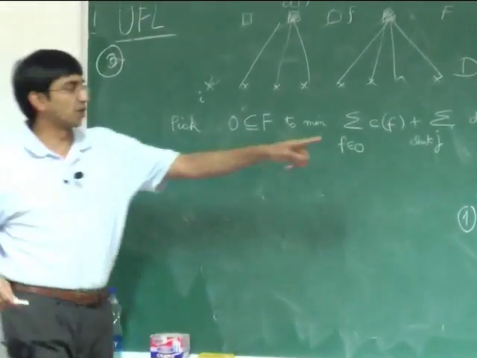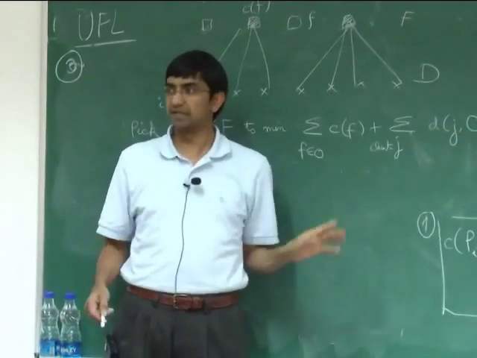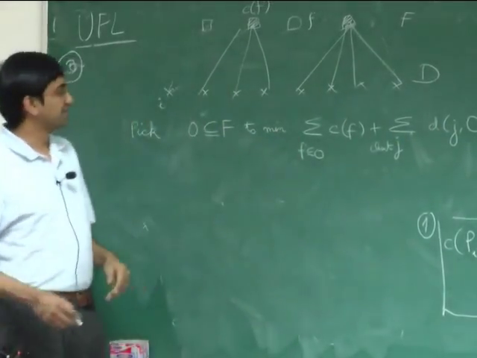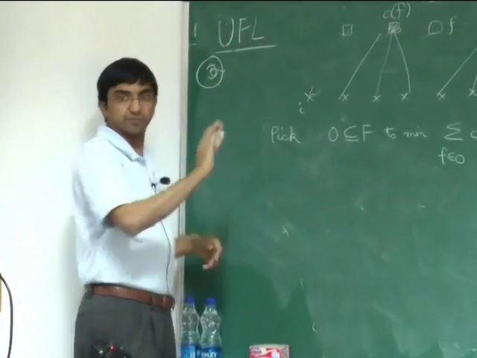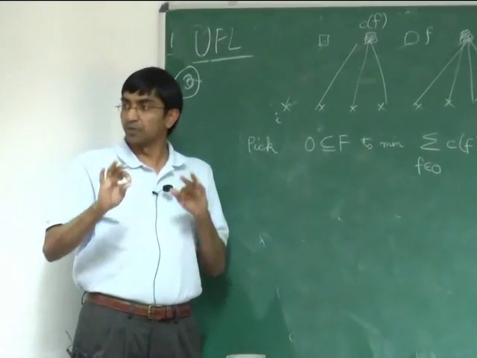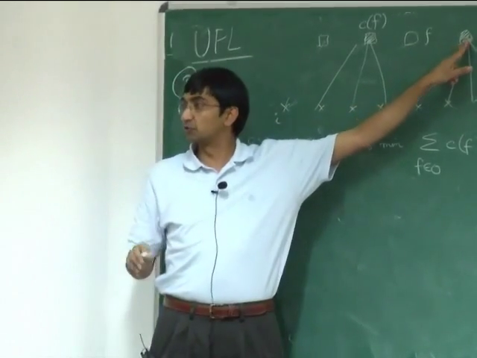This is just short form for min over f in O of d(j,f). So this is the problem. The reason it's called uncapacitated is because I'm not putting a restriction on the number of clients that can go to any facility. There is no capacity restriction.